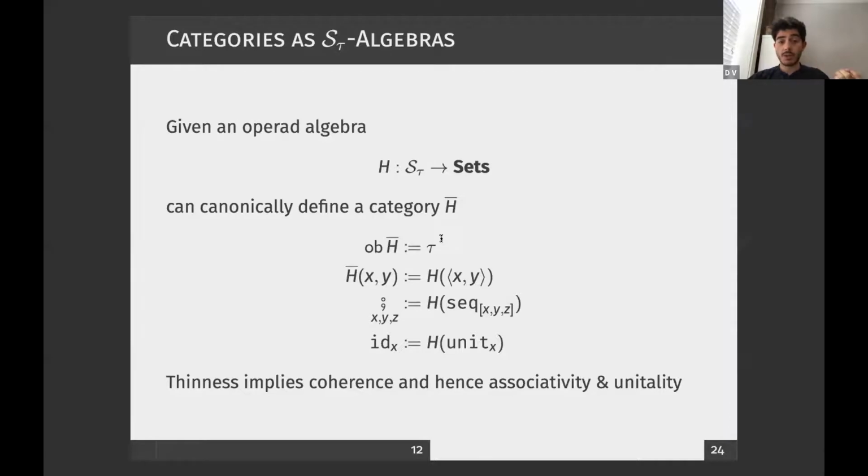Given such an algebra, we can create a category H bar whose objects are tau. The HOMs correspond to where you send the objects in our operad. The classical binary composition corresponds to sequence on three objects, and the identity corresponds to where you take the unit. And then thinness implies the coherence and hence associativity and unitality.